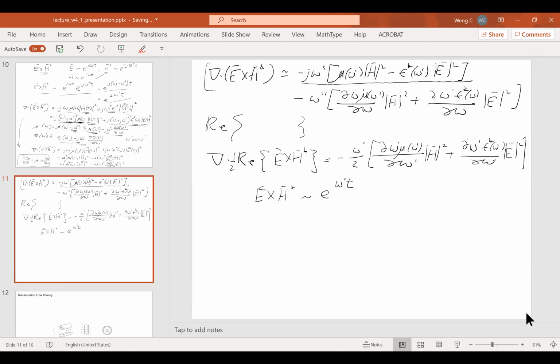So you can think of the right-hand side as being proportional to partial t of these weak functions of time. Because the product of this field, E squared, will also have to grow with time. H squared will also have to grow with time.